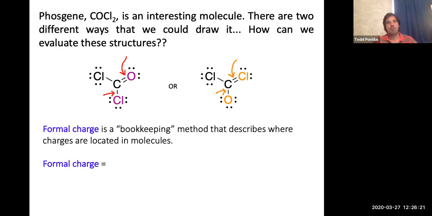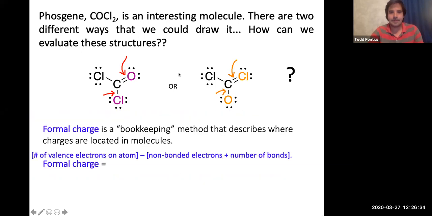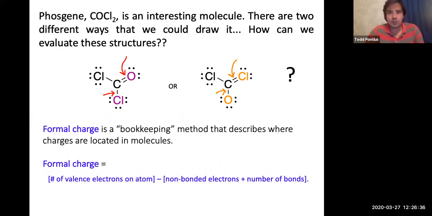Formal charge is a bookkeeping system that describes where positive and negative charges are on a molecule. The formula for formal charge is as follows. It's equal to the number of valence electrons, aka the group number of a given element, minus the number of non-bonded electrons.